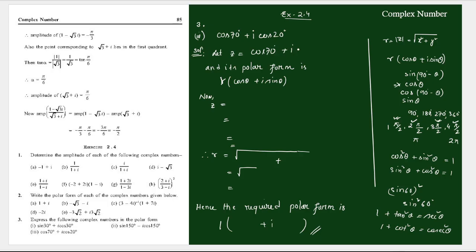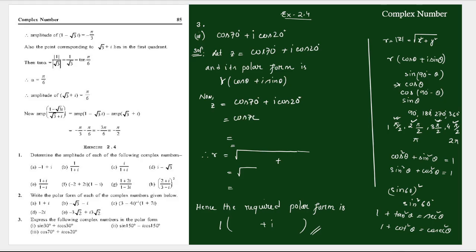You have to change this one, cos 20, because this one has to be converted into sine.